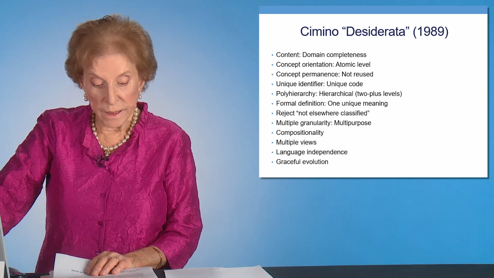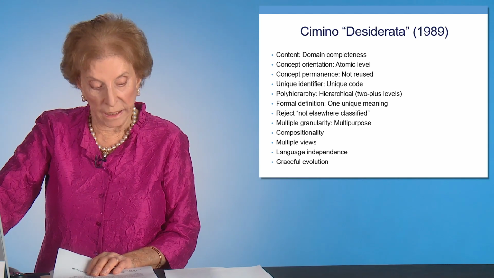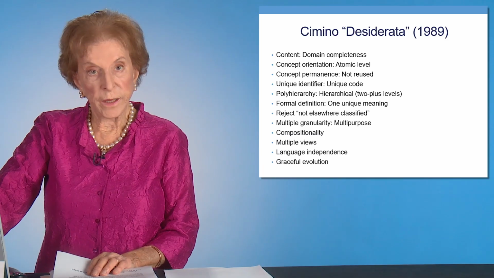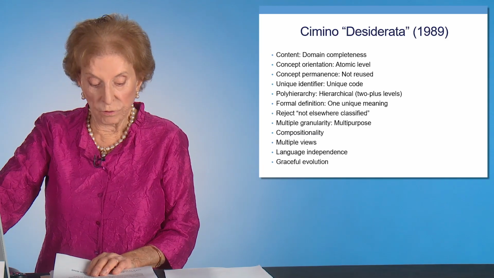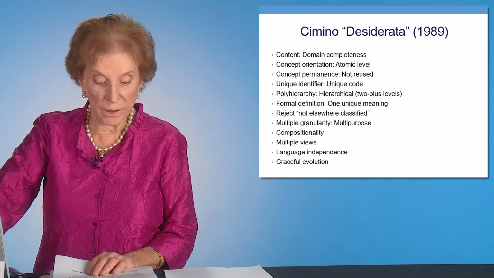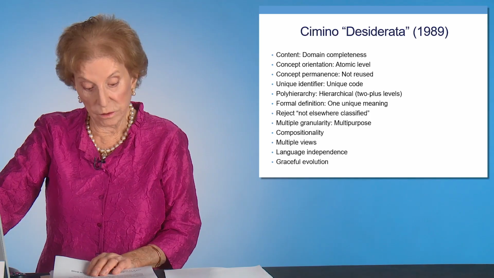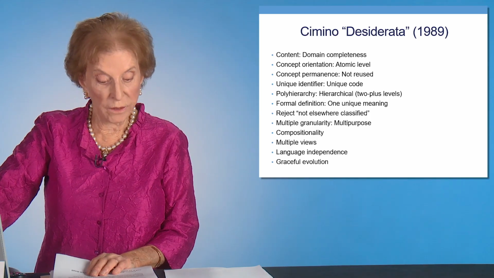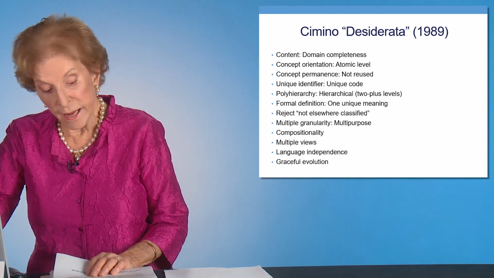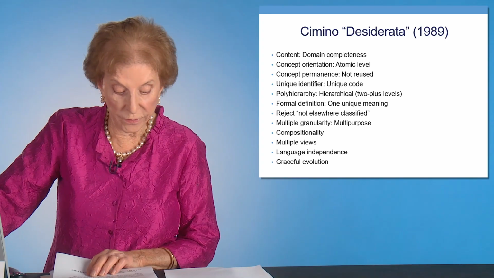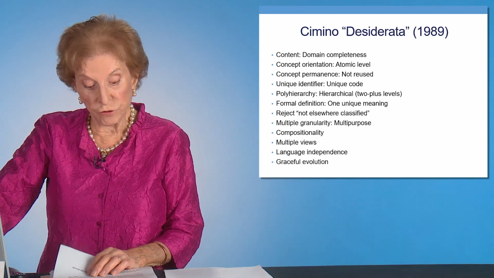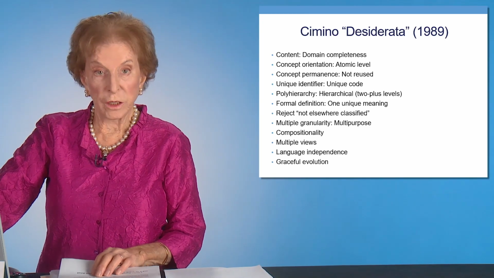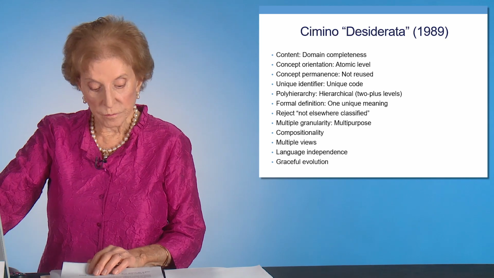For example, he indicated that each data element should represent only one atomic level fact, which has to be a unique identifier or code, and which has a unique definition, and that code can never be used for any other concept, and if changed, must be sent to what is called the data cemetery.